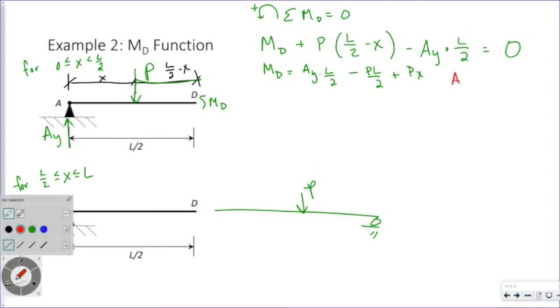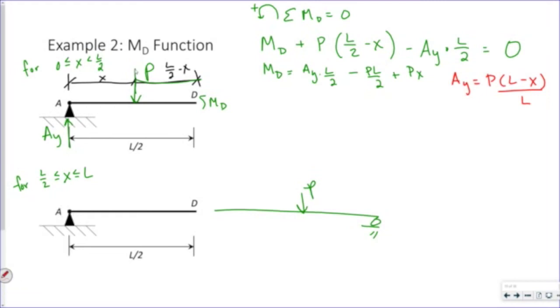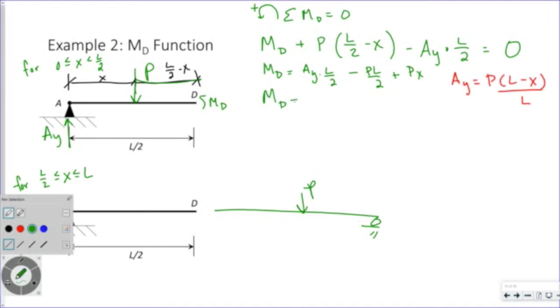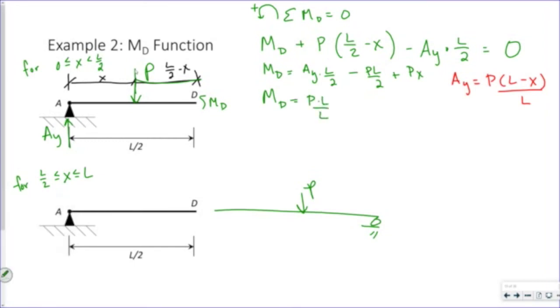And I recall my AY is P times L minus X over L. I figured that out. So let's see, my moment at D is P times L over L, that's the first, right?